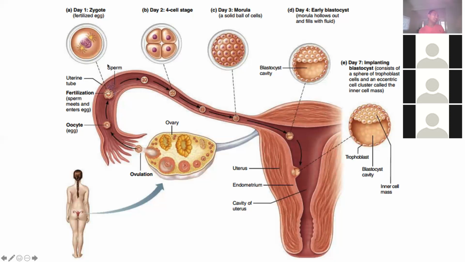And as you can see, when it is only 1 cell, it is pretty big. When it gets to 4 cells, the cells are gradually smaller. And when it gets to 16 cells, the cells are even smaller. So the cells will gradually get smaller and smaller to maintain the size.